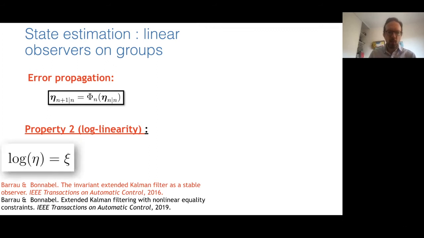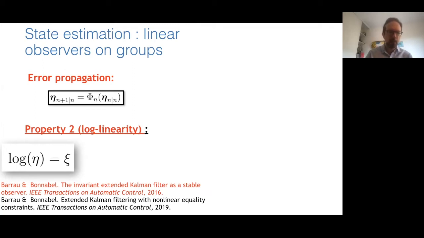When you consider a matrix group, it comes with maps called the exponential map and the logarithm. The log maps matrices of the group, so eta here, to a vector space, and it's locally bijective.